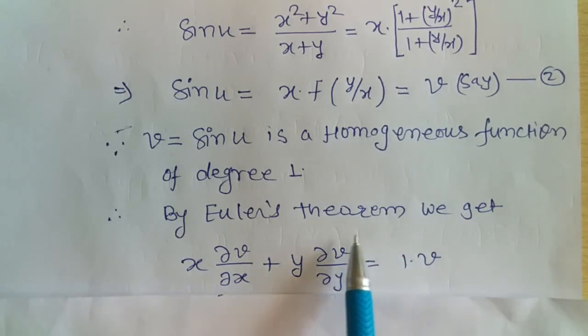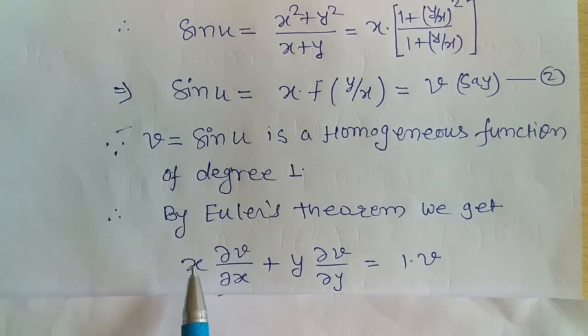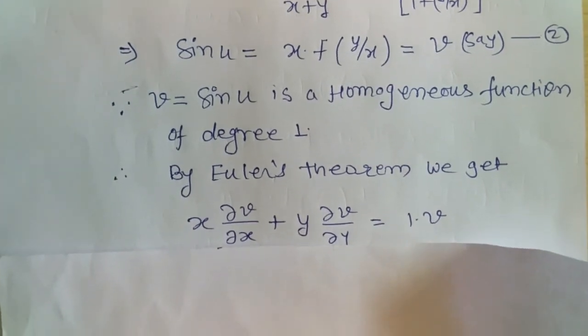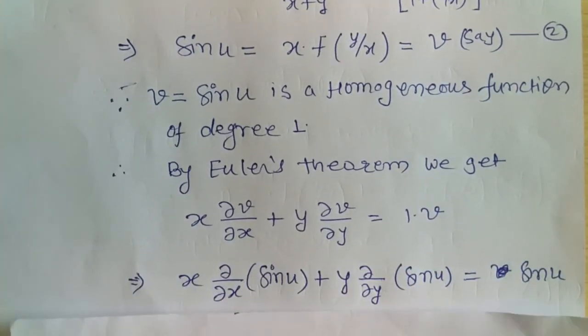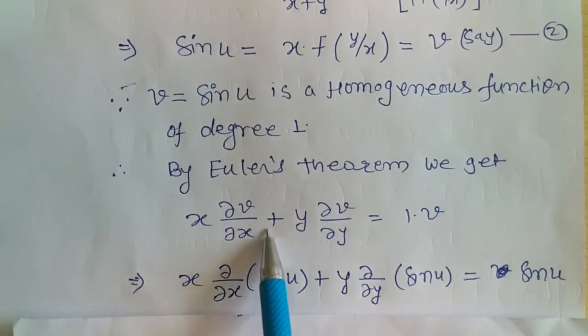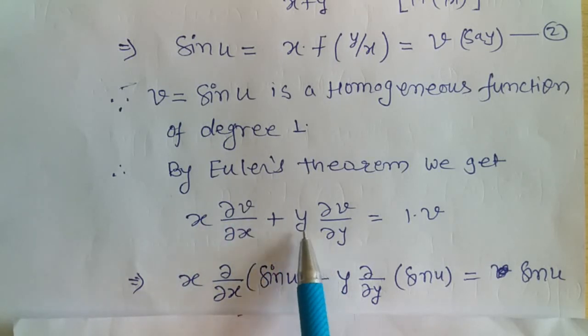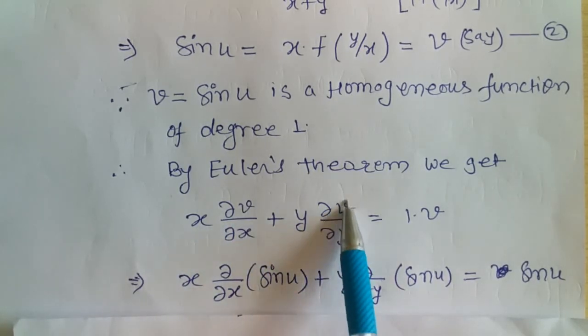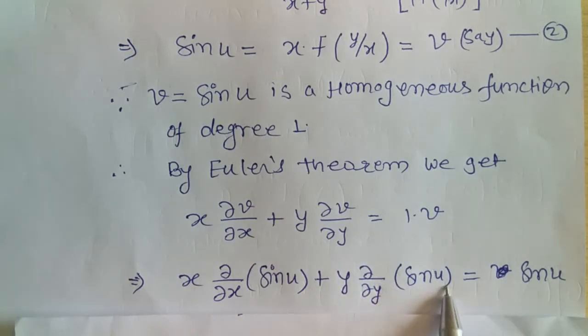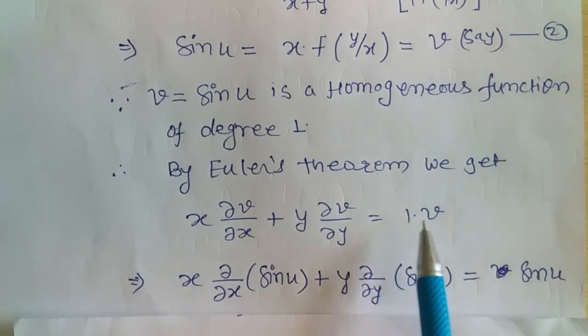Now the value of v is sine u. So we have x del by del x of sine u plus y del by del y of sine u equal to 1 time sine u, that is sine u.